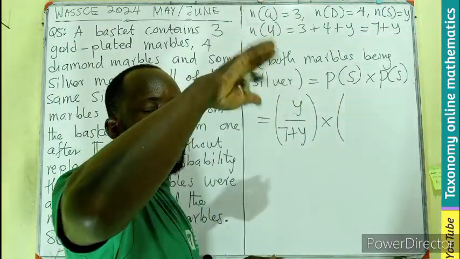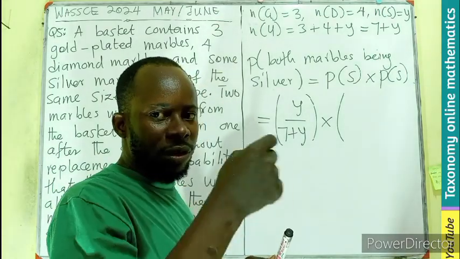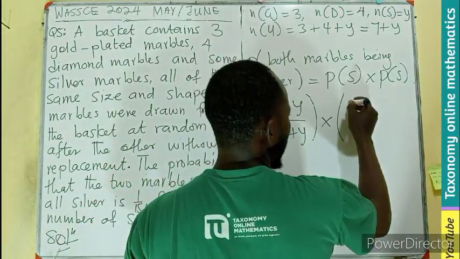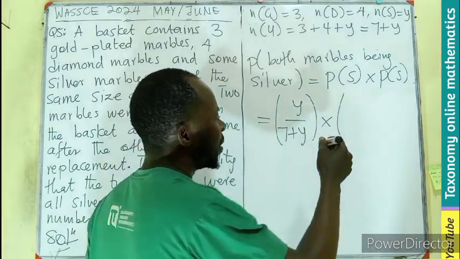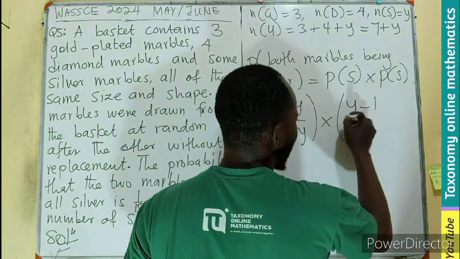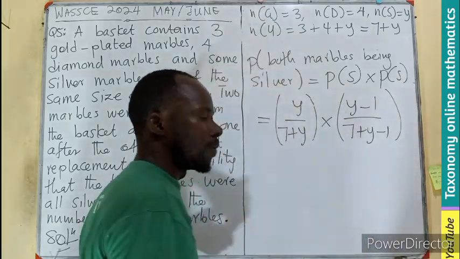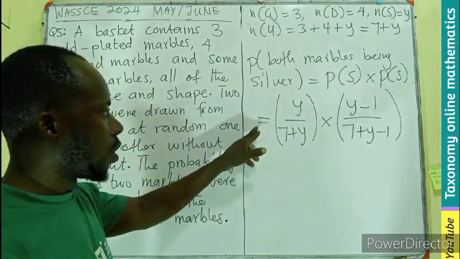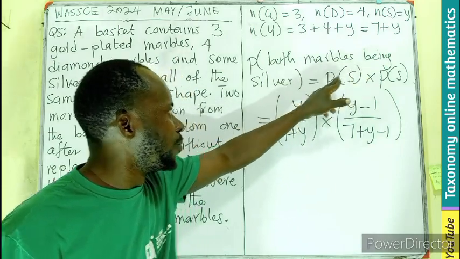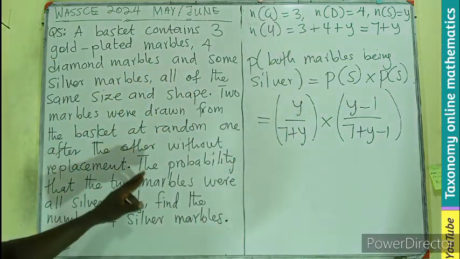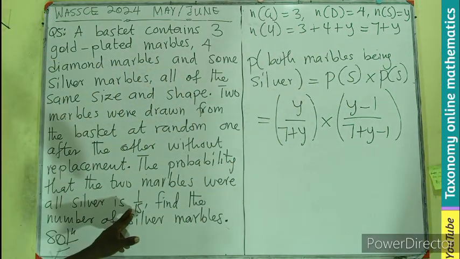Since we have already taken a silver, the silver also decreases by 1, so it is y minus 1 divided by 7 plus y minus 1. This equals the probability of both being silver, 1 out of 15, so we keep it.